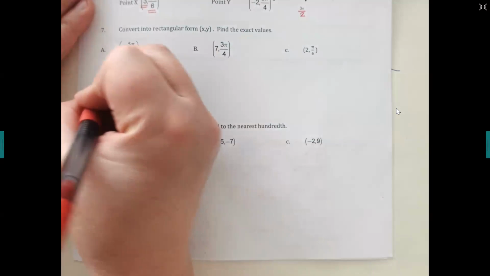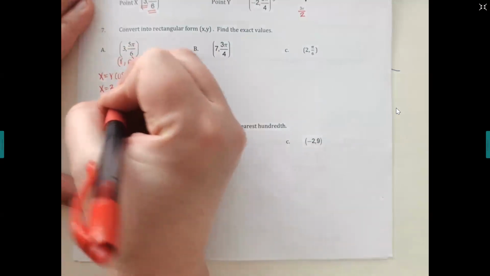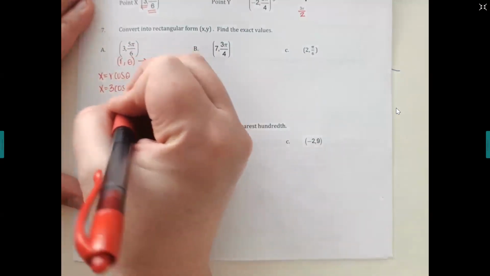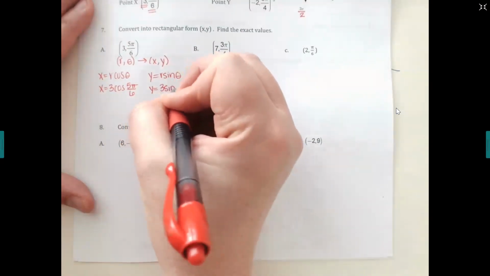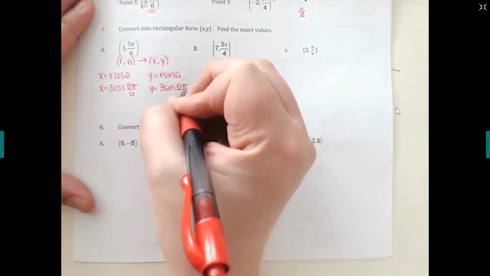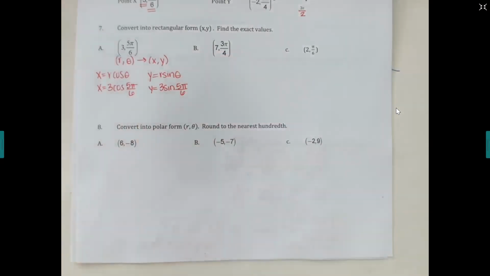So for this question, I see that my r is a 3. My theta is 5 pi over 6. My y is going to be 3 times sine of 5 pi over 6.